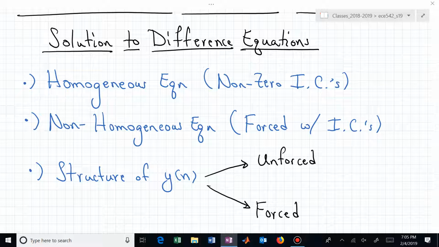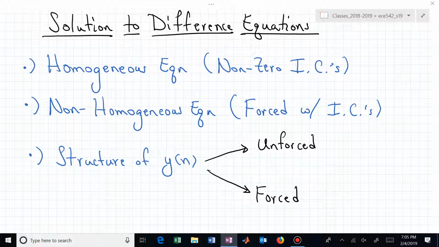What's the structure of the output if it's an unforced difference equation? What does that look like? Or what's that based on? If I said, what's the structure of y(n) for an unforced difference equation, what would you be looking for in terms of helping you find that structure?